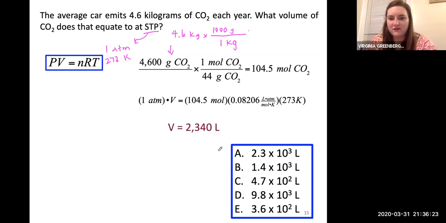When we solve for volume, we find that it's about 2,340 liters of CO2. So it's a pretty big volume of CO2 given off by every car, and there are a lot of cars out in the world.